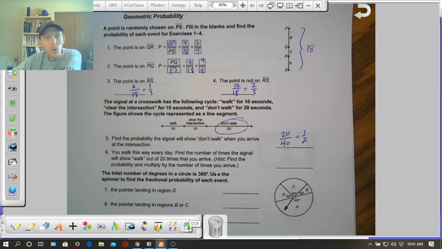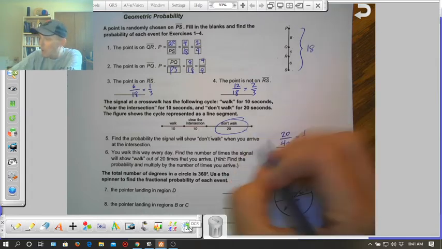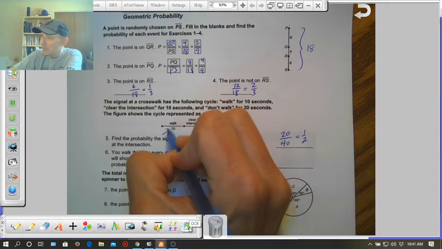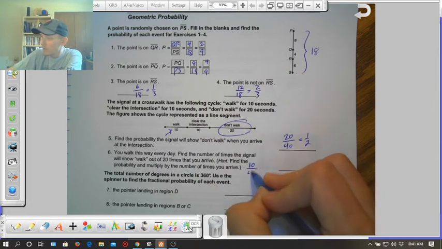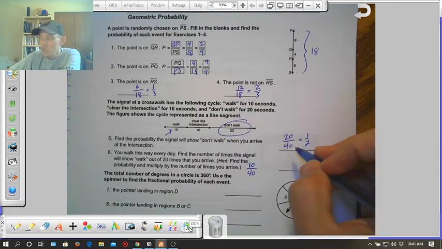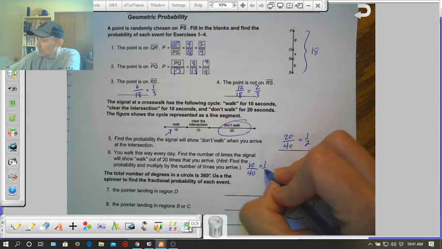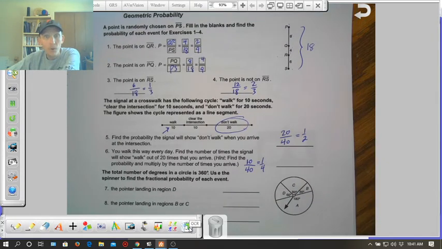Well, what is the probability, first of all, that it's going to be walk? Walk is 10 out of 40 seconds, so that is 1/4. So 1/4 of the time, it's going to say walk.